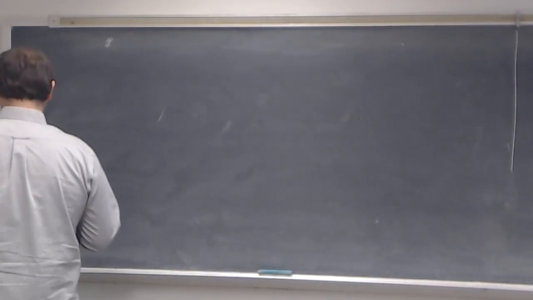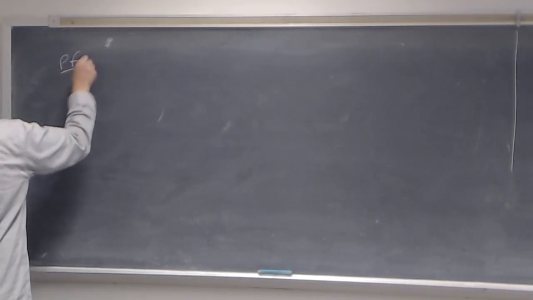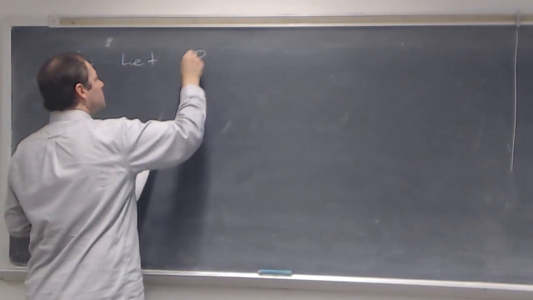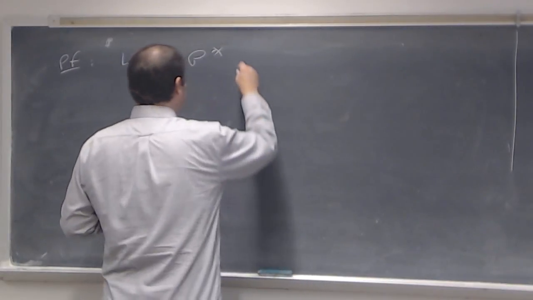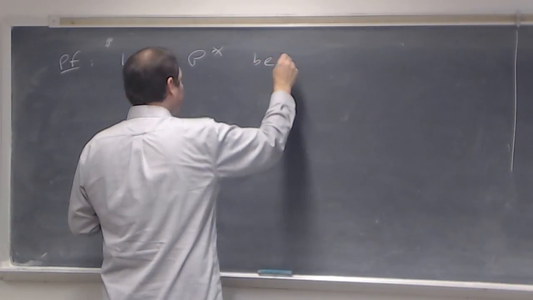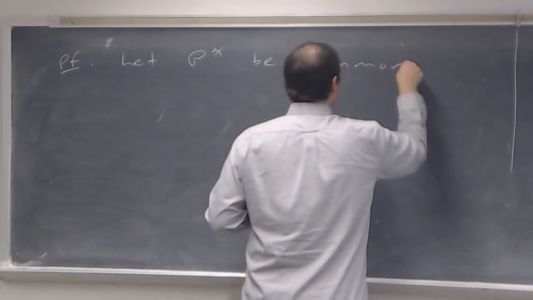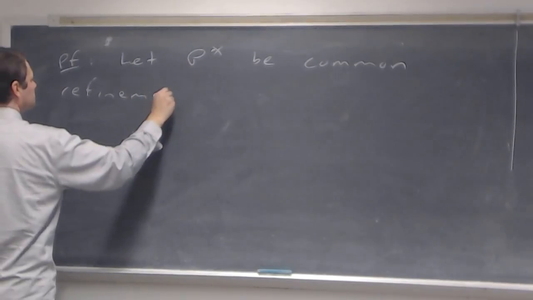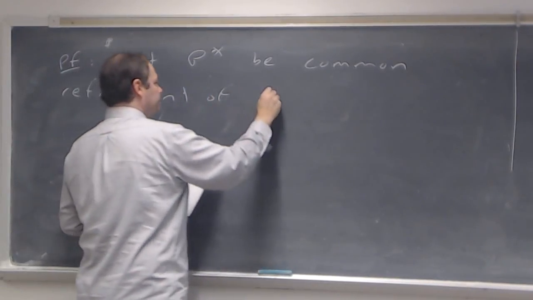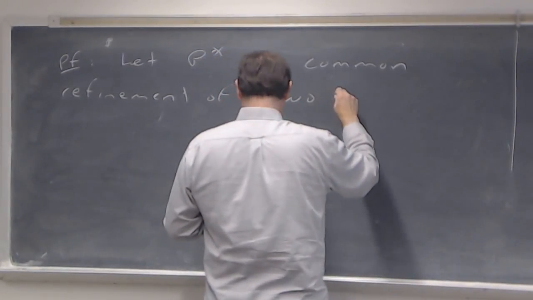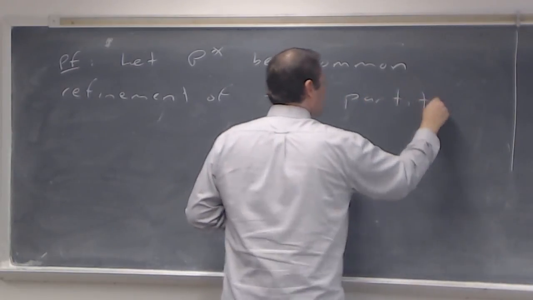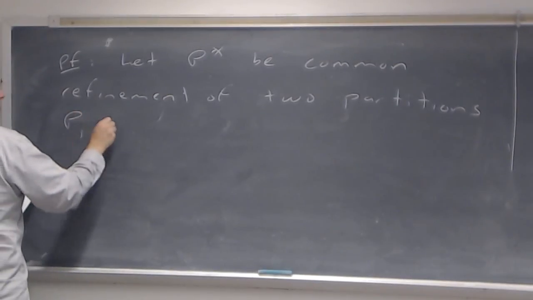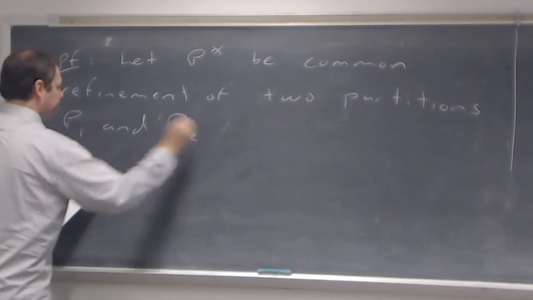Okay, let's look at this proof. It's short. So what we do is we let P star be the common refinement of two partitions, which we'll write as script P1 and script P2.